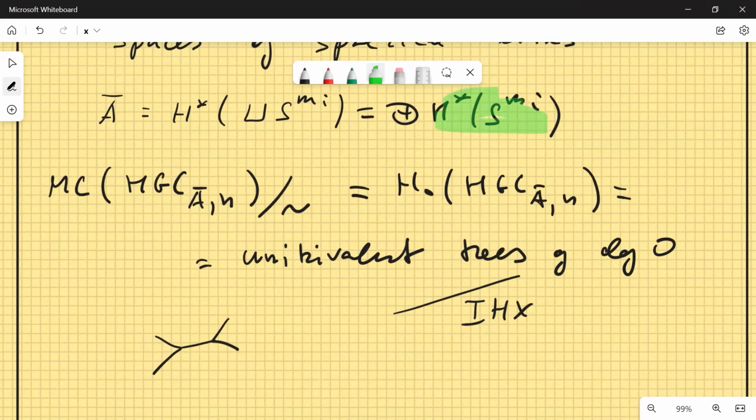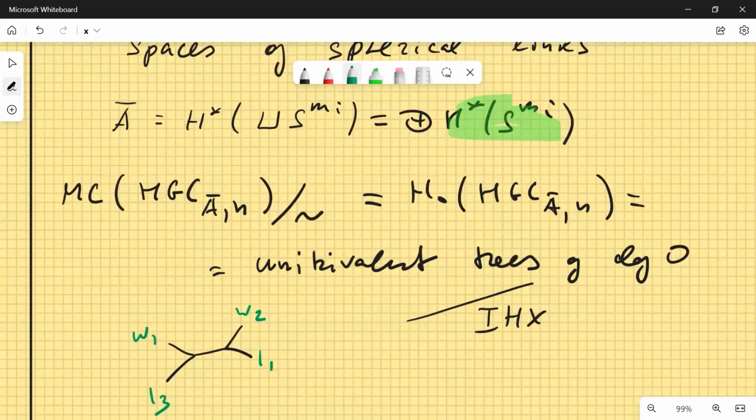So we might have labels like omega 1, omega 2, and also 1, 1, say 1, 3. But if any of the labels is of degree 0, like 1, 1, 1 or 1, 3, then this graph doesn't appear in degree 0 and so cannot contribute to the Maurer-Cartan elements. So only trees which are labeled by the top cohomology classes of spheres will contribute.